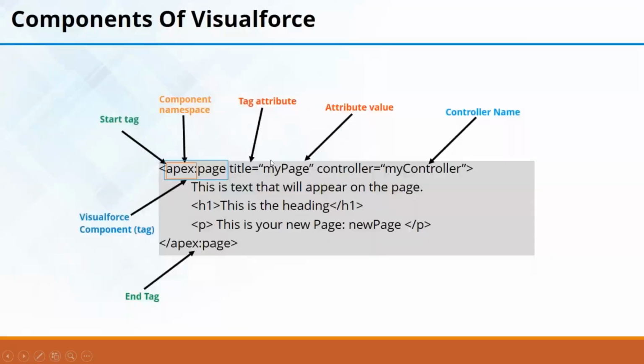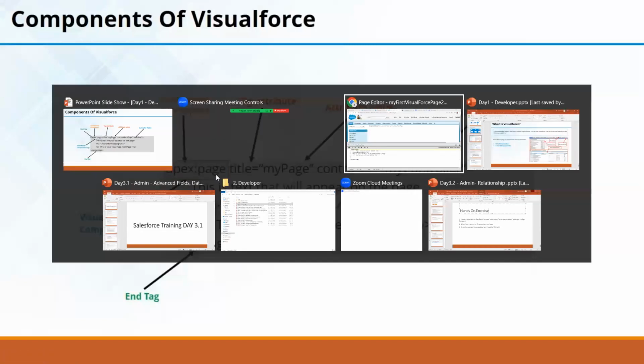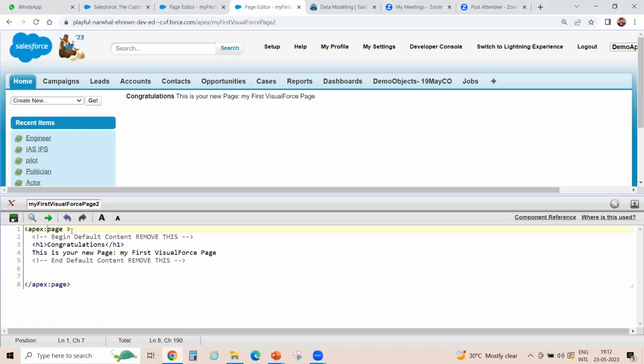So now I'll tell you what is everything. So this is my start tag, apex:page, which I have shown you here. This is my start tag. And this is my end tag. What is the difference between these two? This mark, right? Backslash. The backslash is nothing but the closer of any tag.